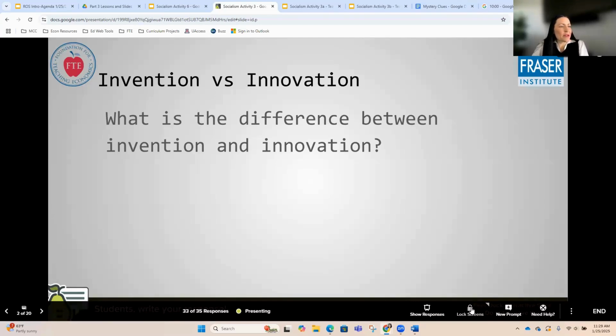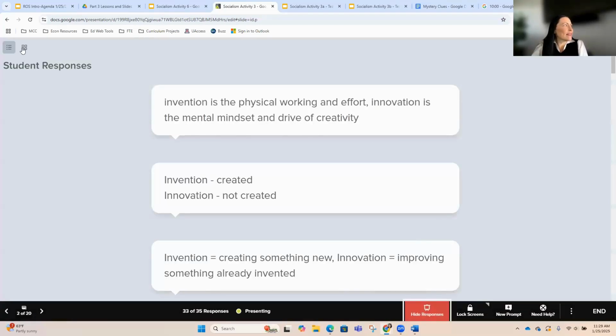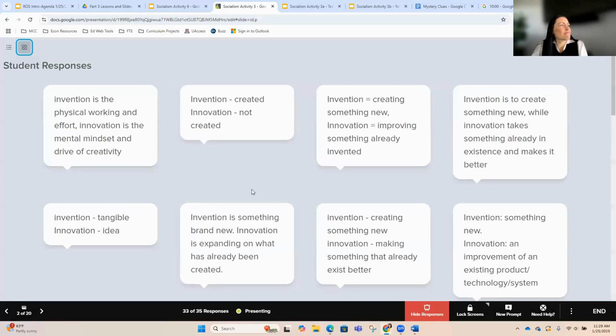I'm going to start putting some of those responses up so we can see. Invention is created. Innovation is not created. Invention is creating something new. Innovation is improving on something already invented. Invention is something tangible. Innovation is an idea.